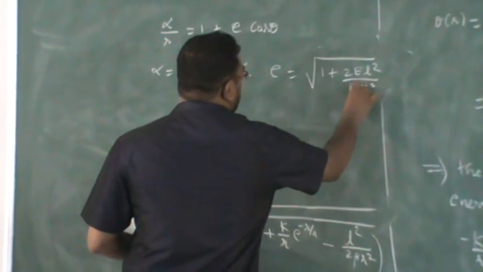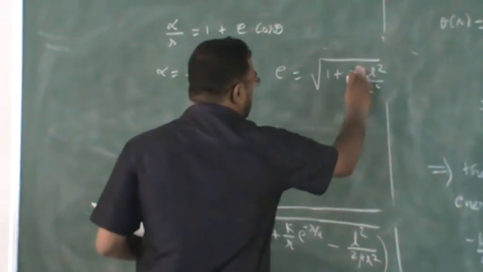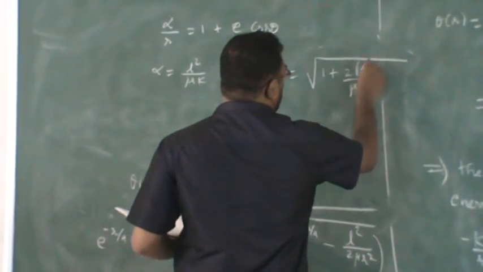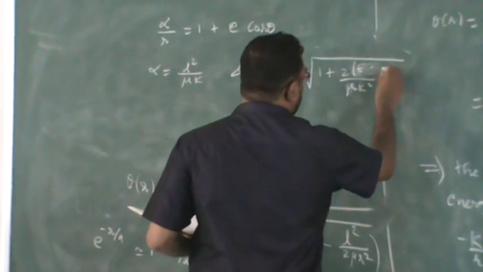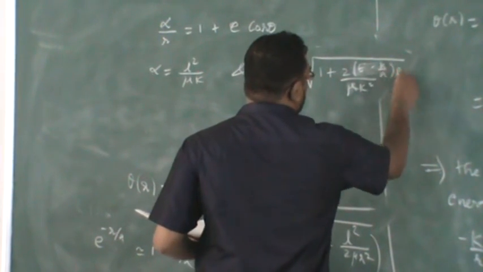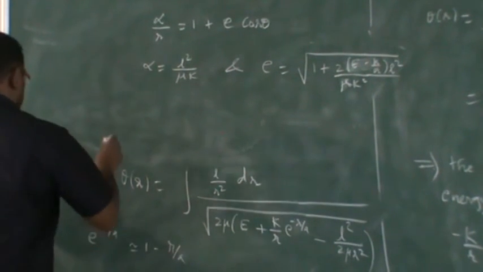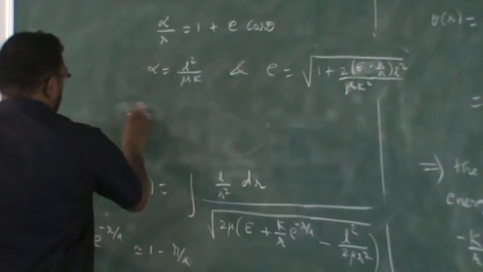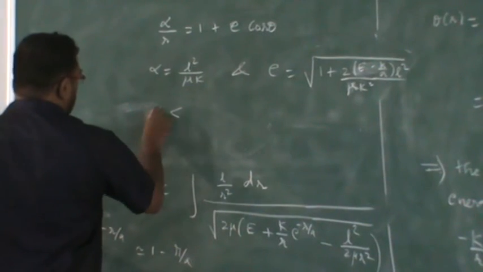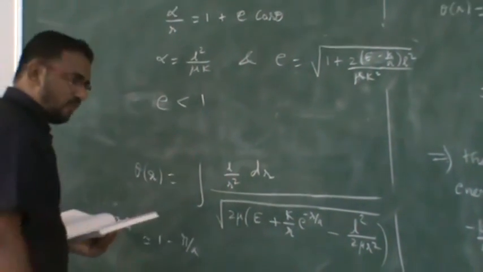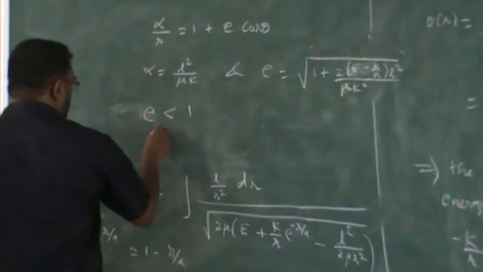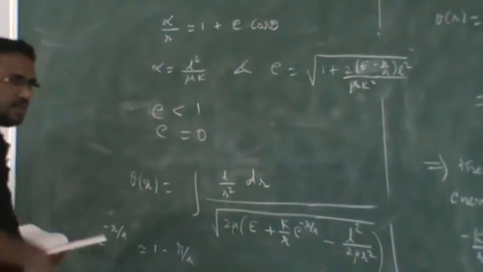So now the E is shifted. So now this E is E minus k by a, times L². The only difference is here.